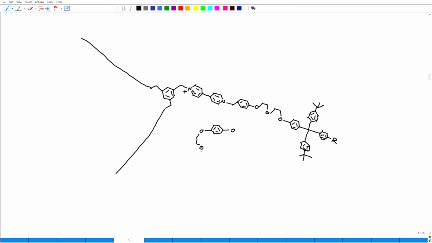Remember, 5 membered, 5 oxygens, not 5 membered, 5 oxygens. 1, 2, 3, 4, 5. 1, 2, 3, 4, 5.